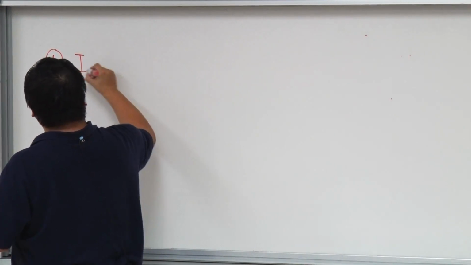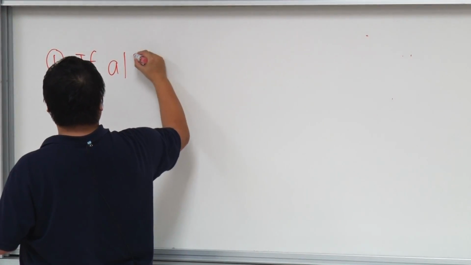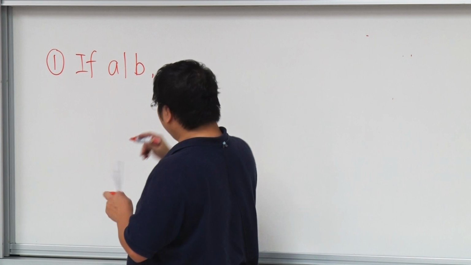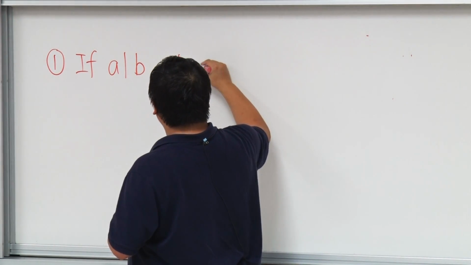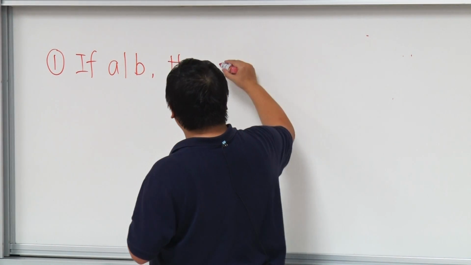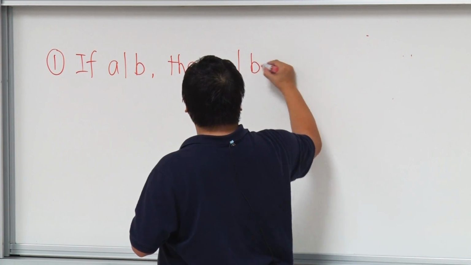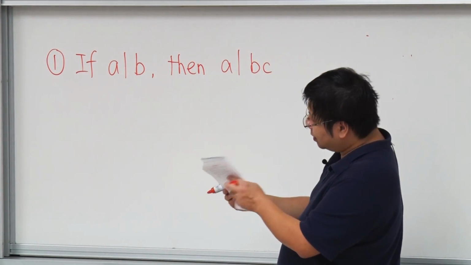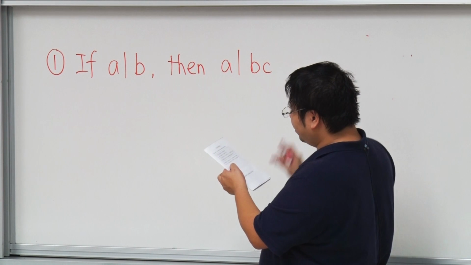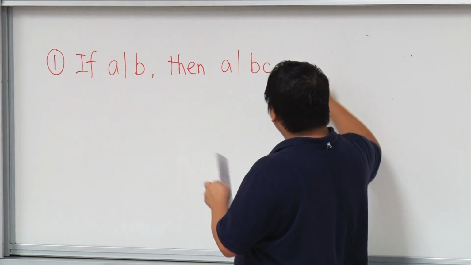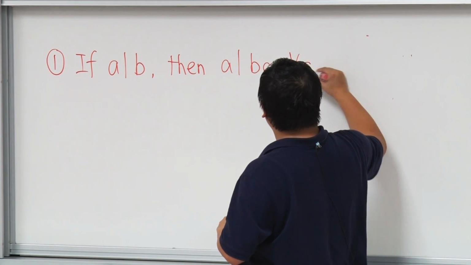Let us establish the correctness of the following statements. The first statement says: if A divides B, then A divides BC for all C. This may not need the division theorem, but let's see.